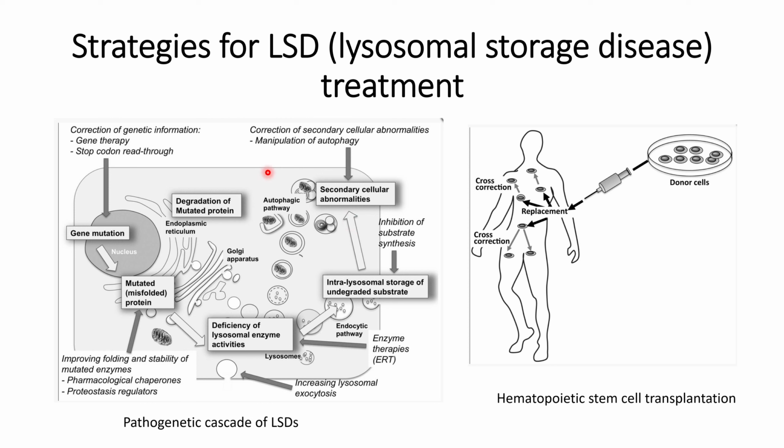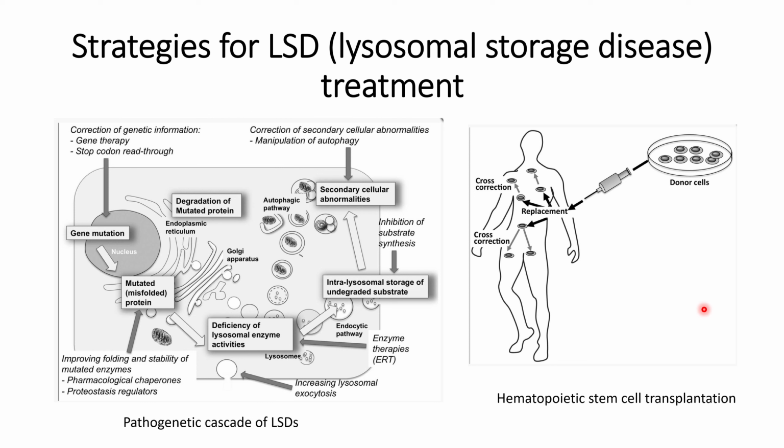One of the actions mentioned here is to manipulate autophagy. Autophagy is also one kind of degradation of proteins. Whatever abnormalities are observed can be directed towards this autophagic pathway, which can take care of these abnormal proteins and recycle them to the cellular machinery.